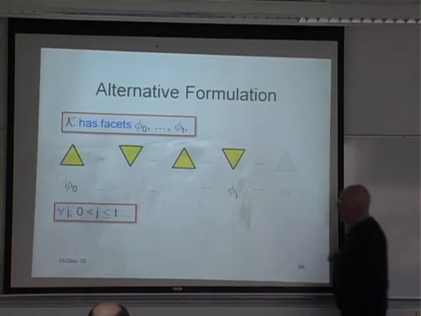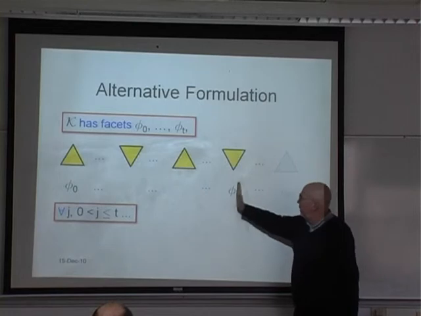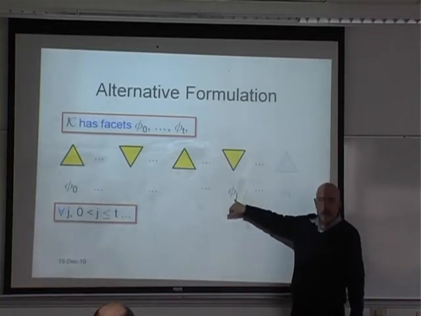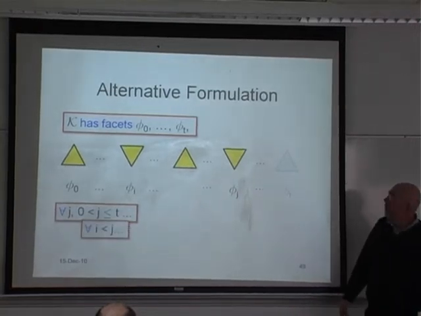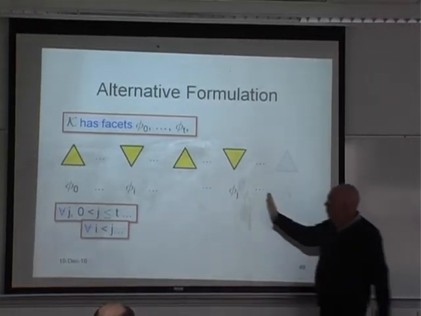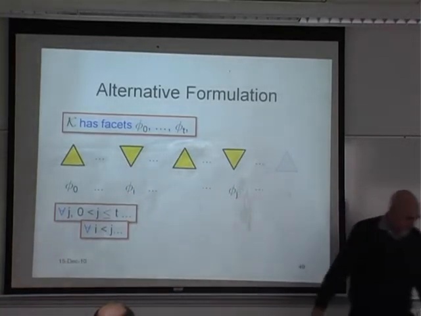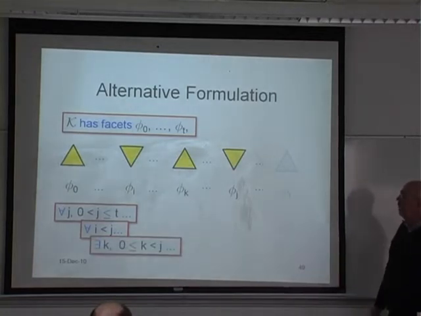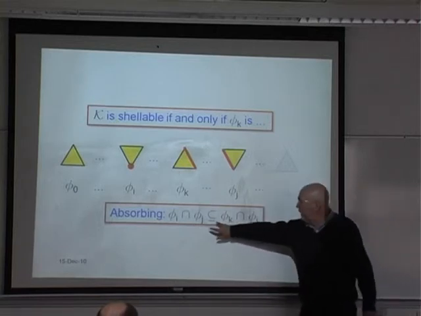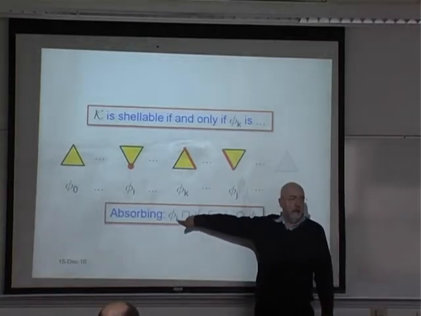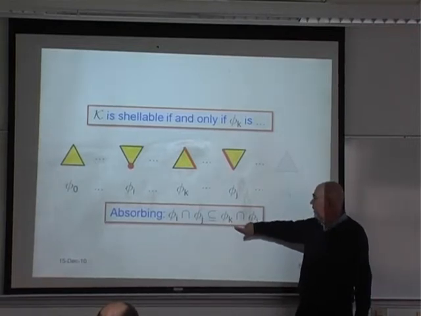So I'm going to take my shelling order and line all the simplexes up in the shelling order. And then for every facet j here, and for every previous facet I that comes before it, we can find a facet k that has the property that it's absorbing, in the sense that if we're looking at the intersection between I and j, you don't need to worry about that because that's contained in the intersection between k and j.